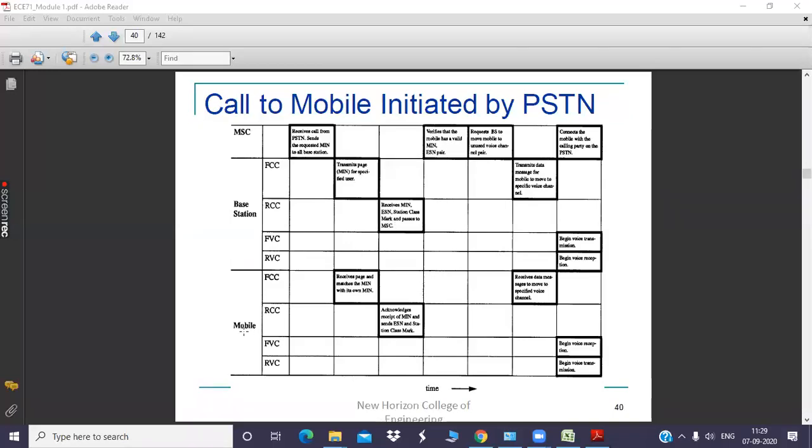User means mobile. So now this MIN will come from the PSTN through the base station towards this mobile. So that mobile user will check this MIN. He receives the page and matches the MIN with its own MIN.